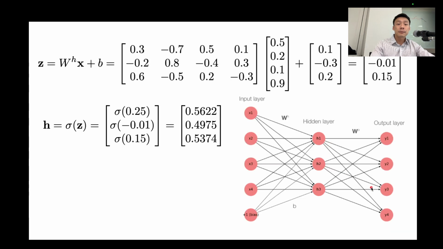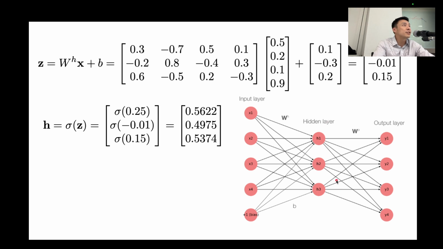All right. To give you something more concrete, it looks something like this. WH is the weight matrix between each unit in the input layer to each unit in the hidden layer. So it would look like this, right?